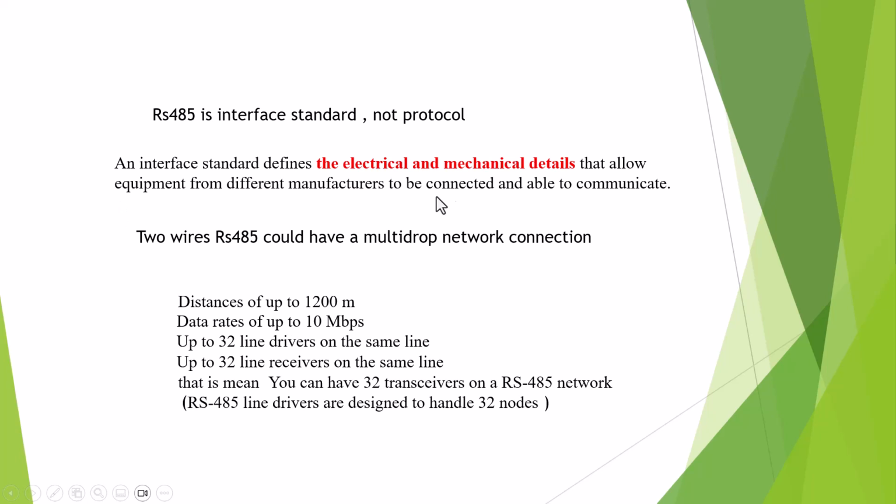First we talk about the mechanical details. RS485 has a two-wire twisted pair cable. It can make a multi-drop network connection.